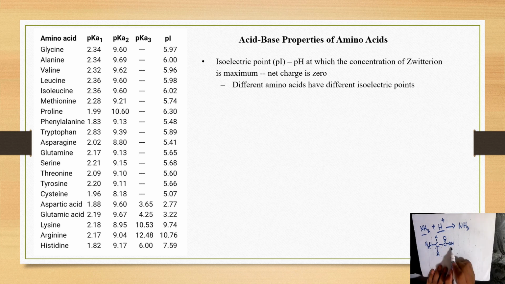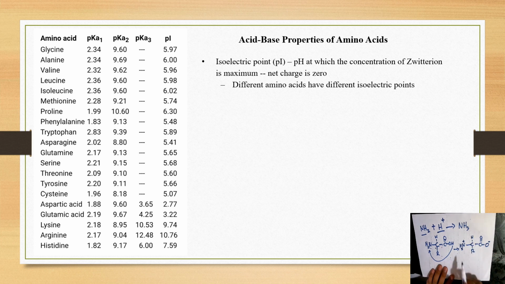So, we will transfer the proton to the other side, which now becomes like this. Since we remove the proton, the carboxyl group becomes negatively charged. And since the amino group received the proton, this now becomes, there are 3 hydrogens, then it's positively charged.